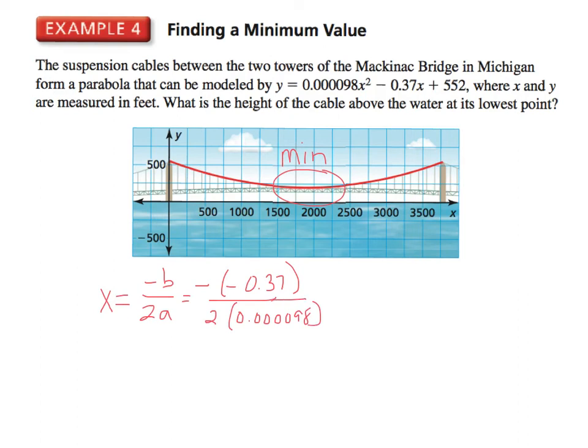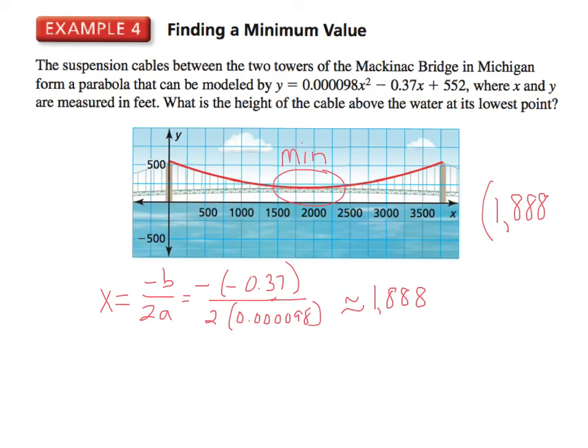If you simplify that, you will get approximately 1,888. So that's the x value of your vertex. Now that's not your answer, because if you look here, the water line is how far over you go. How far over is my x value? I don't want that. I want to know how far up. So the lowest point would be your y value.